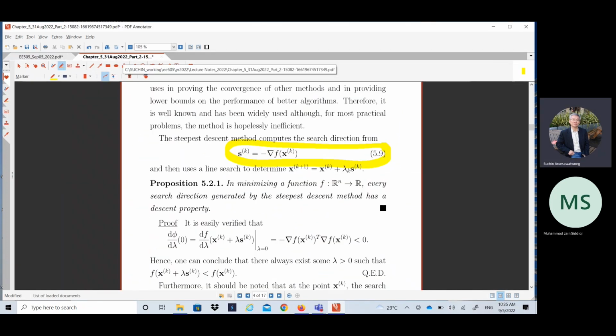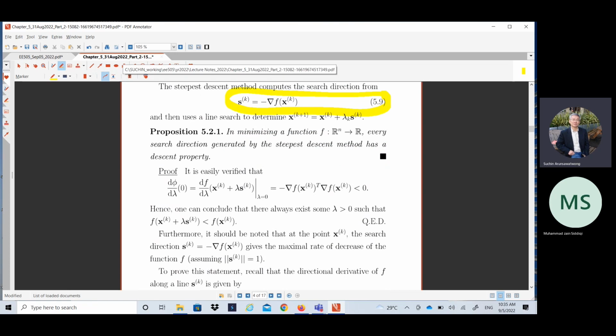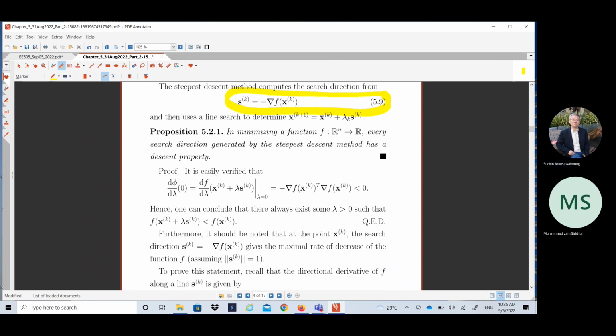Now we come back to this. We know that the advantage of the steepest descent is that it guarantees that in every search vector, the vector sk has the descent property.